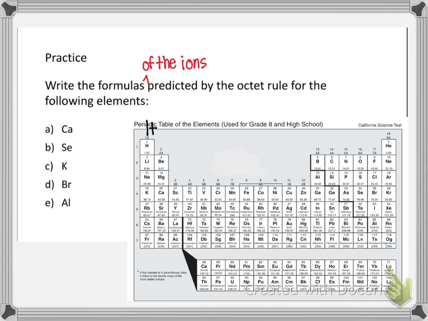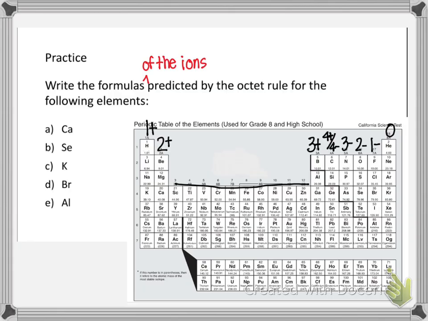It's a 1 plus, a 2 plus. Now, we're not predicting these: 3 plus, 4 plus, 4 minus, 3 minus, 2 minus, 1 minus, 0. This is our pattern. That is the charge for these groups.